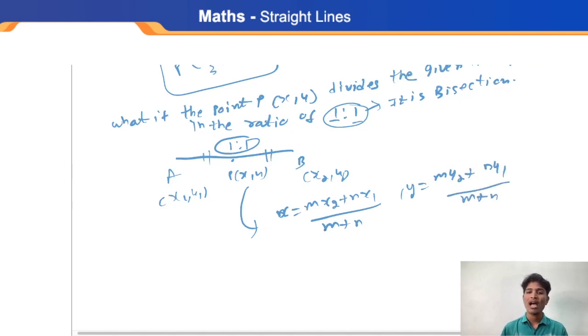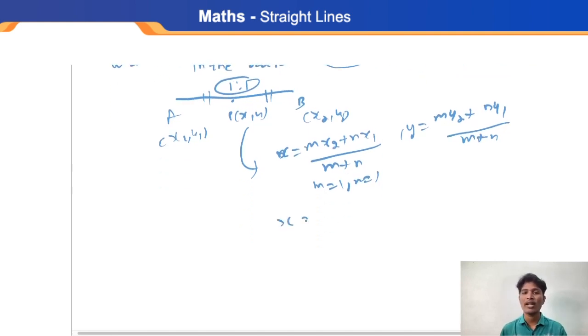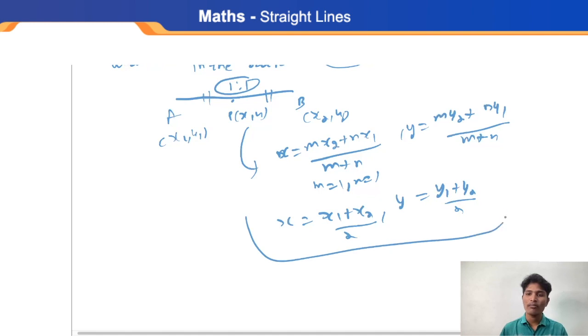Substituting m equal to 1 and n equal to 1, you will get x is equal to (x1 plus x2) divided by 2, and y is equal to (y1 plus y2) divided by 2. This is called the midpoint formula. That is, if the point lies in the middle, it is called the midpoint formula.